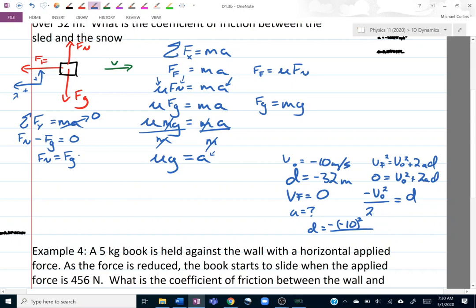I'm solving for A, which means that's a D, and that's an A. Third try is lucky. Negative 10 squared divided by 2 times negative 32.